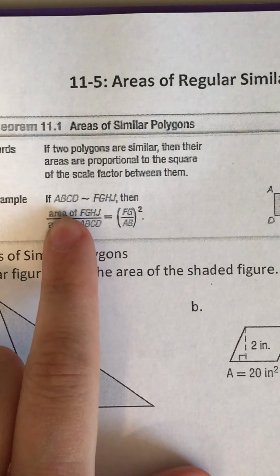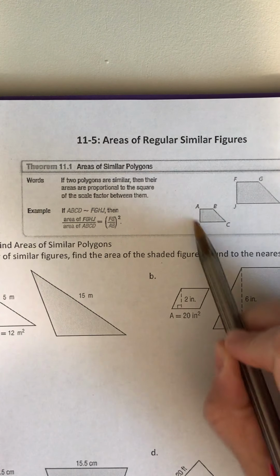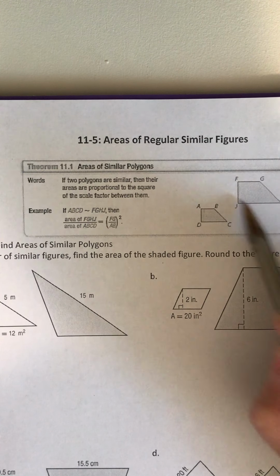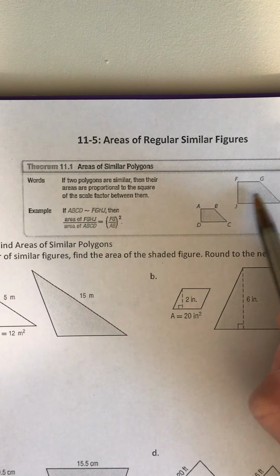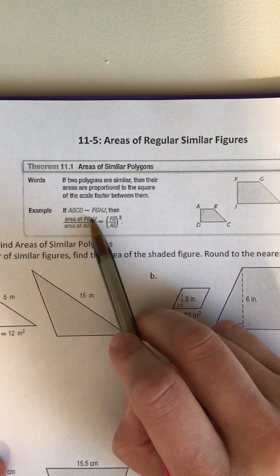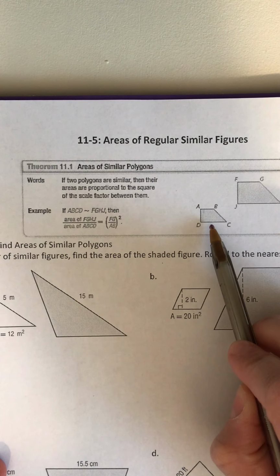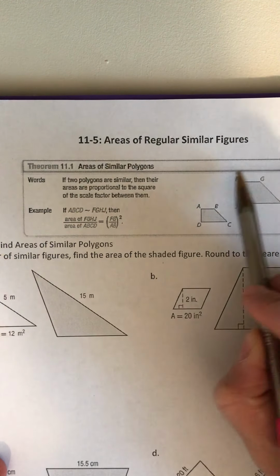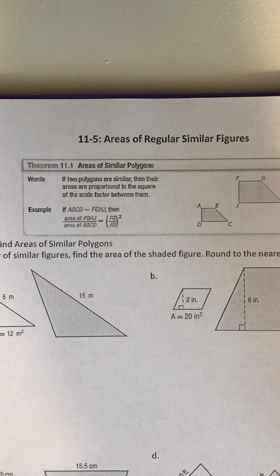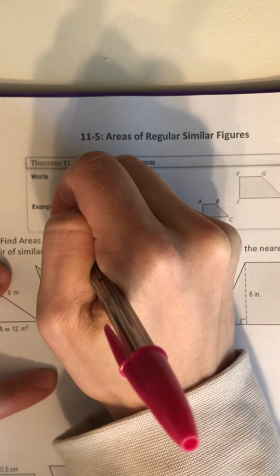So in this example, if ABC, let me zoom out so you can see, which is this figure, is similar to FGHJ, which is this figure, these two are similar, which if you remember similar, it means they're proportional, then the area of FGHJ over the area of ABCD is equal to one side, FG, over that congruent side, AB squared. So this is our formula we're going to use here today.